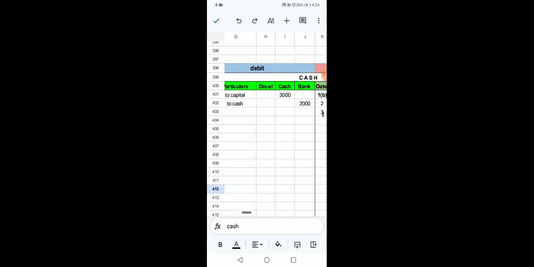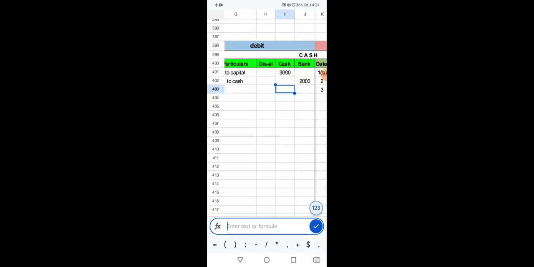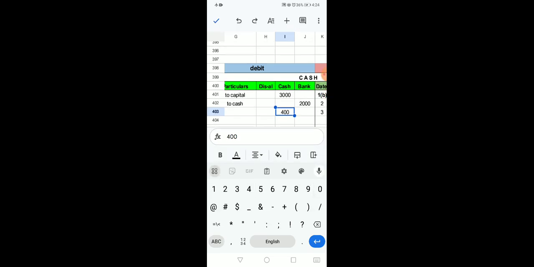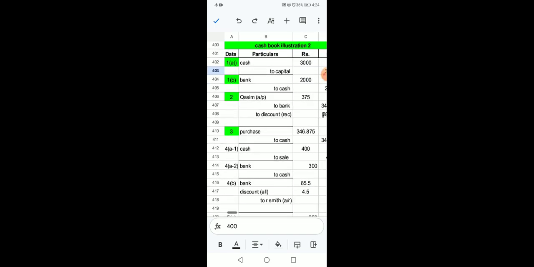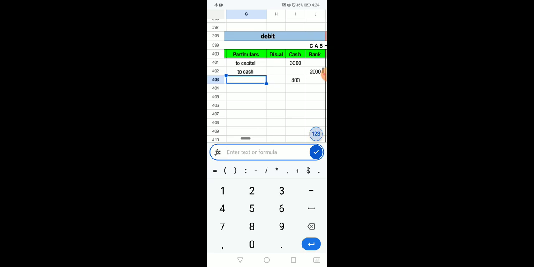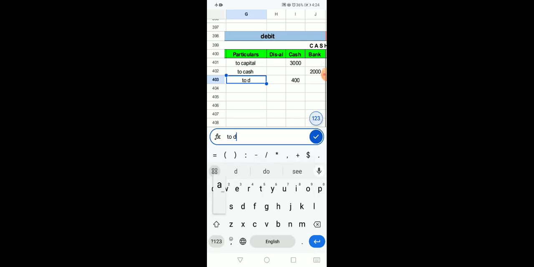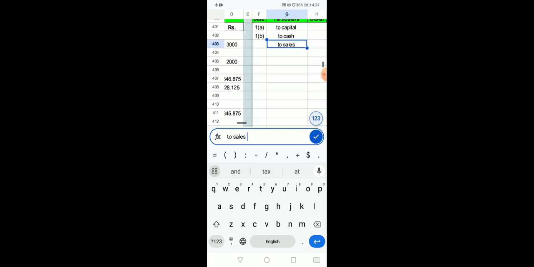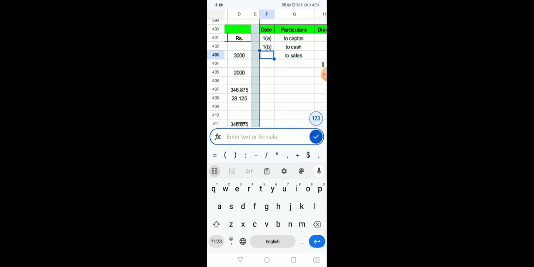We will choose the debit side of cash and write 400 in the debit column of the cash book. Now see the reference. What is written on the opposite side? That is "to sales". So you will write "to sales" as a reference and see its date, which is 4A1.